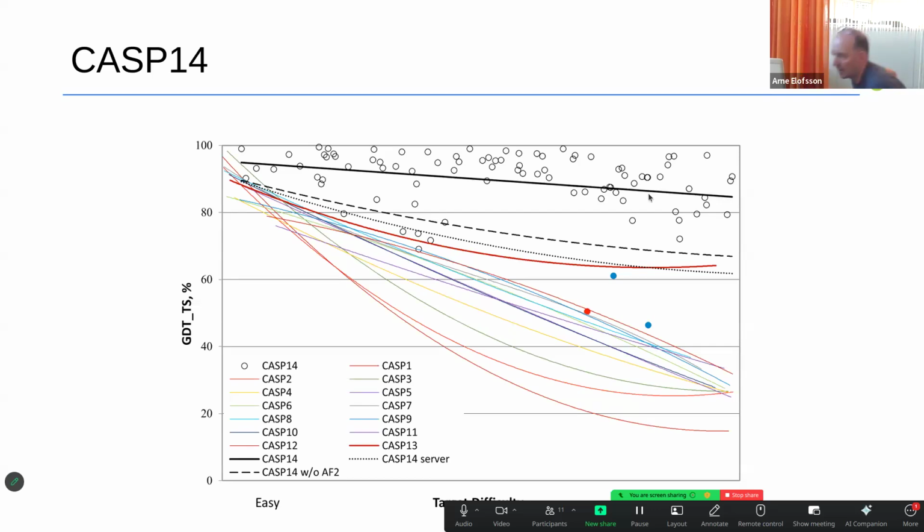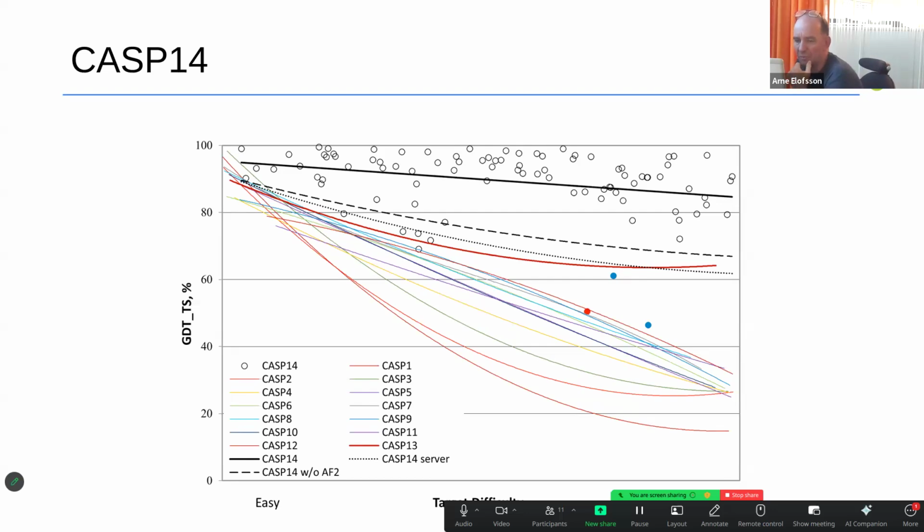So even for the most difficult targets, we had predictions close to experimental accuracy by one group, and it was DeepMind and AlphaFold 2. If you take all the other groups, the best people did something like the dashed black line here. That was the best methods without DeepMind, and they were basically as good as DeepMind was 2 years earlier, or slightly better maybe, but not much.